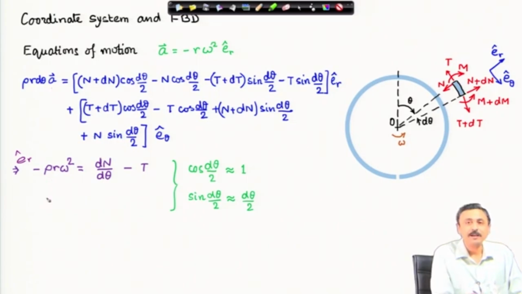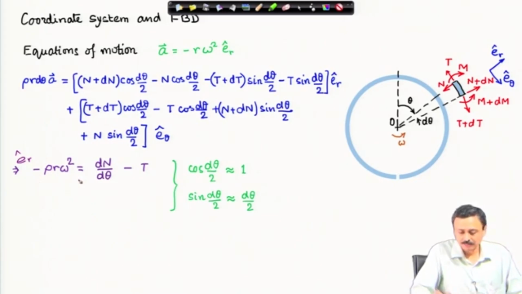From the left hand side we have this expression of mass times acceleration. So, rho r d theta, rho r square d theta omega square, and here I have made some simplifications.